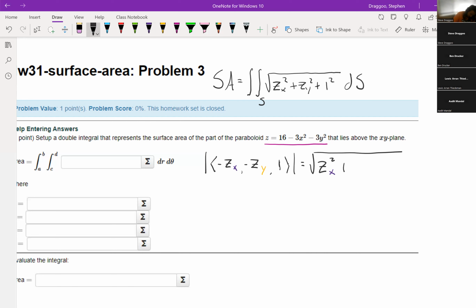Z partial x squared plus z partial y squared plus z partial z squared. But that's really just 1 squared. Derivative of z with respect to itself is 1. So let's just simplify that thing. If we do, what do we get?